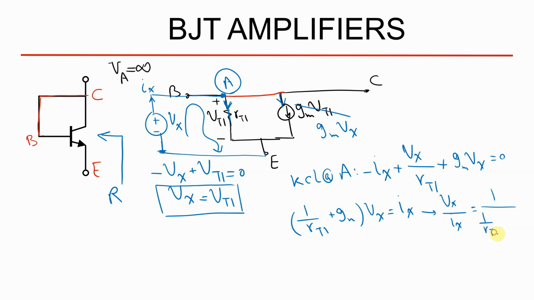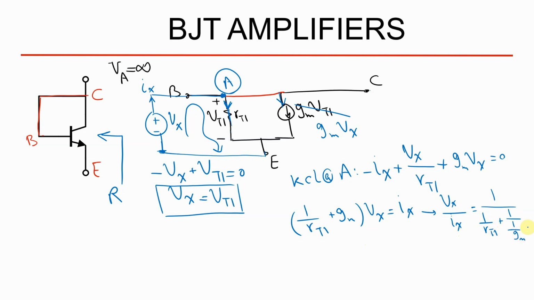And instead of gm, I'm just using 1 divided by gm. I use this one because in this way I can set the resistance equal to Vx divided by Ix, and I can simplify this now.